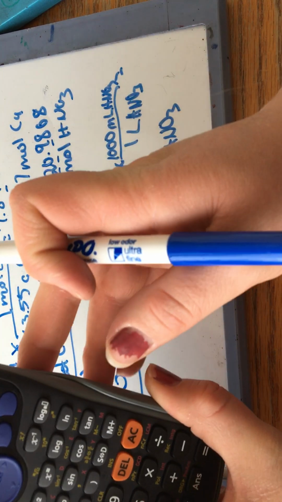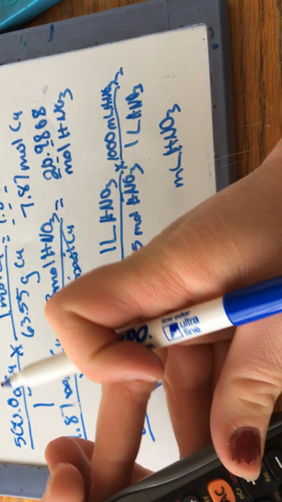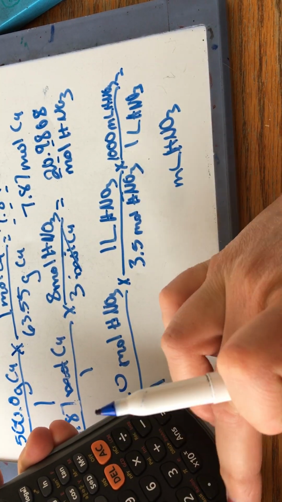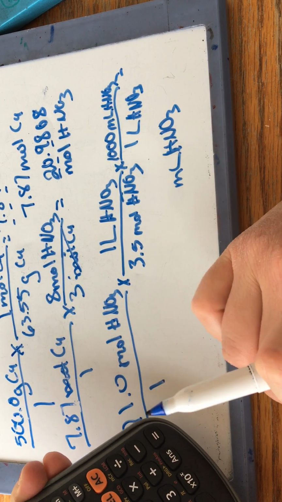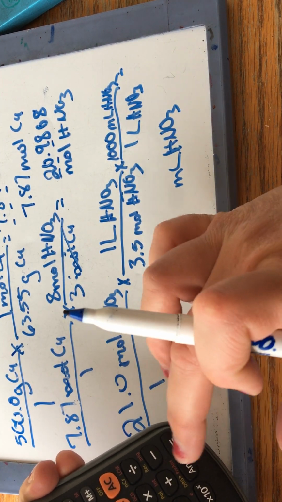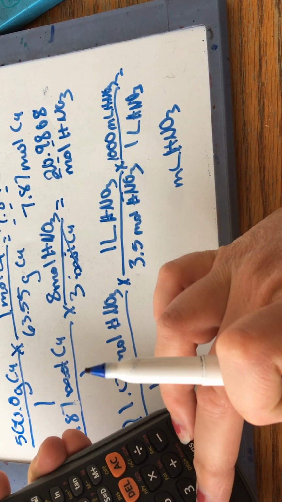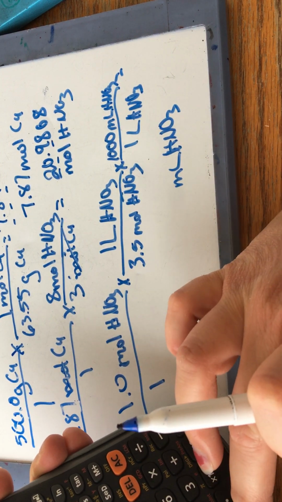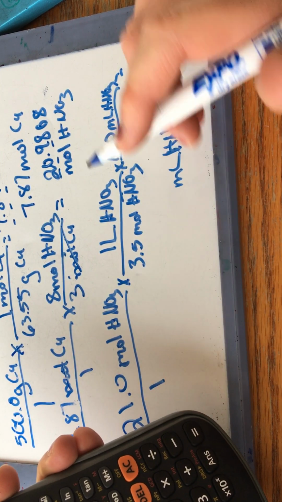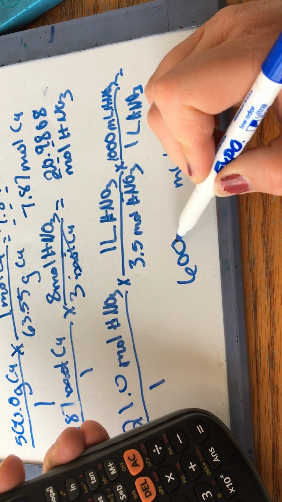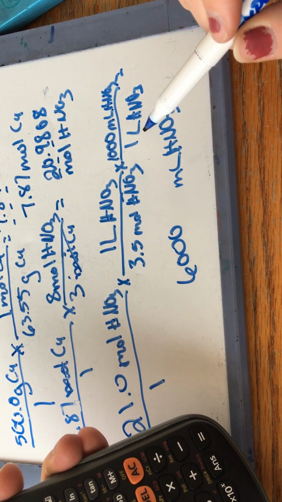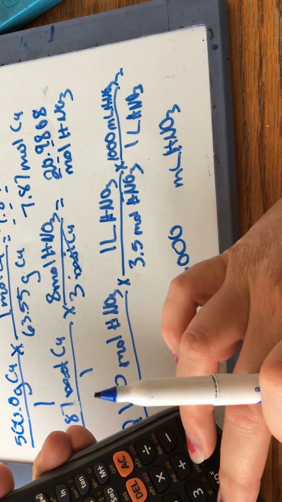So 21.0 divided by 3.5 times 1,000 equals 6,000 milliliters. Seems rather large, but that's right.